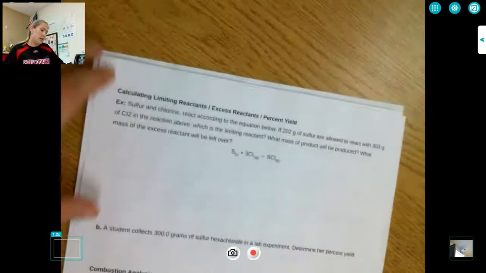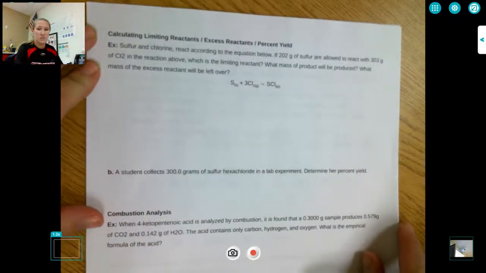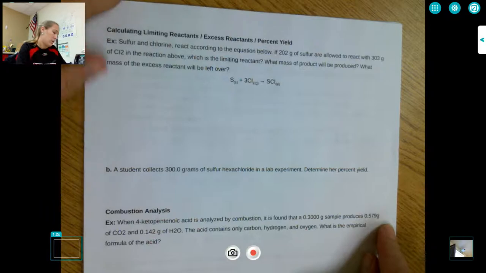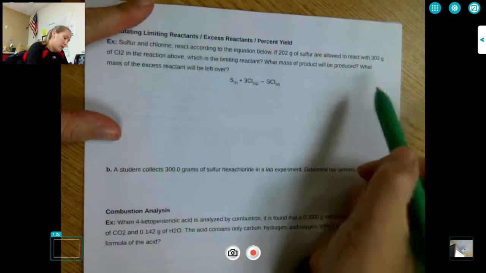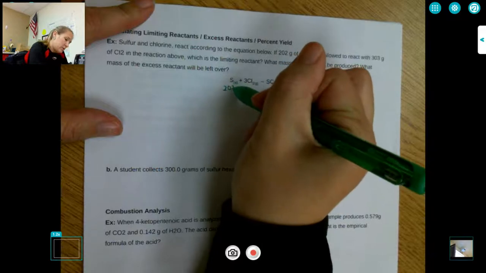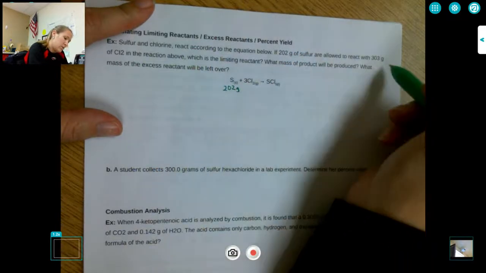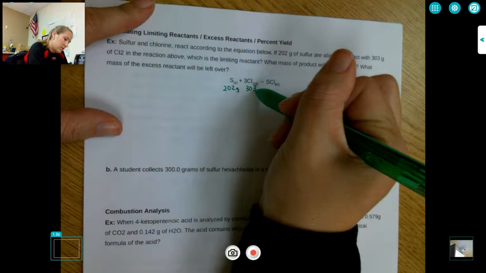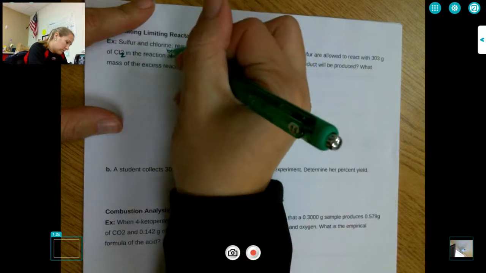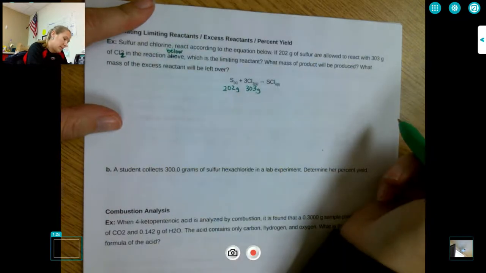All right. Next, we can use stoichiometry to calculate limiting and excess reactants. This is a review from Chem last year. We have sulfur and chlorine reacting in the equation below. If I have 202 grams of sulfur reacting with 303 grams of chlorine, what is the limiting reactant?